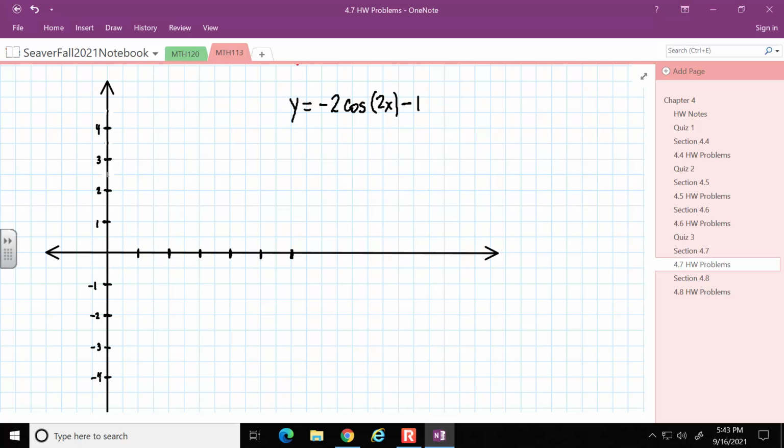It'll be good practice because a lot of you are not. If you plot on the homework, you plot online. Plotting by hand is a little tricky.